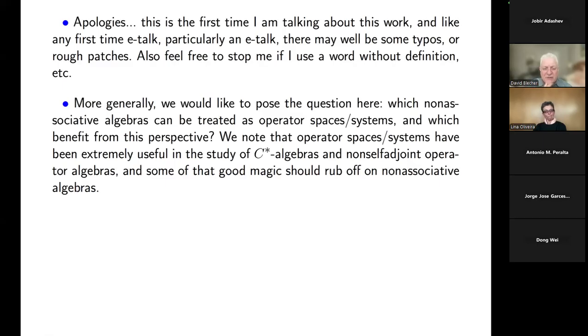And as I mentioned in the abstract, maybe one of the most important things is I would be very interested in other non-associative algebras which can be treated as operator spaces and systems, and which would benefit from that. Operator spaces and systems have been extremely useful in the study of C-star algebras, and maybe even more so the study of non-self-adjoint operator algebras. And some of that magic that happens in the interface between operator spaces and C-star algebras should be happening for more non-self-adjoint algebras.